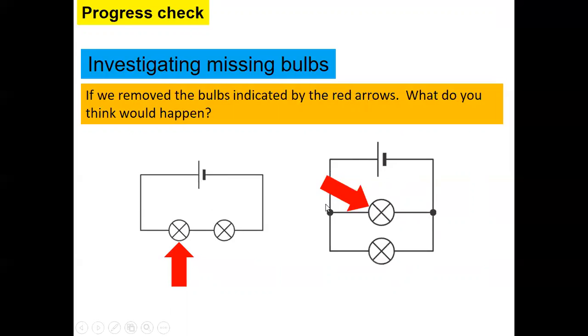The electricity comes around here, some goes here, some goes here. If this bulb was removed, would this bulb still light up? Okay, you are hopefully correct. In a parallel circuit, this one would stay lit because the electricity has an alternative route around the circuit, whereas in the series circuit, the electricity comes around here and it can't go anywhere else, so it gets stuck.